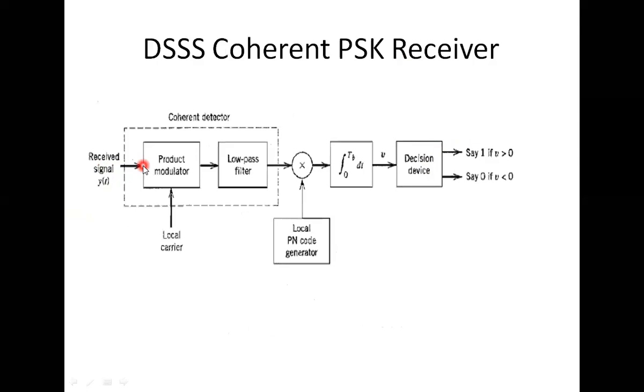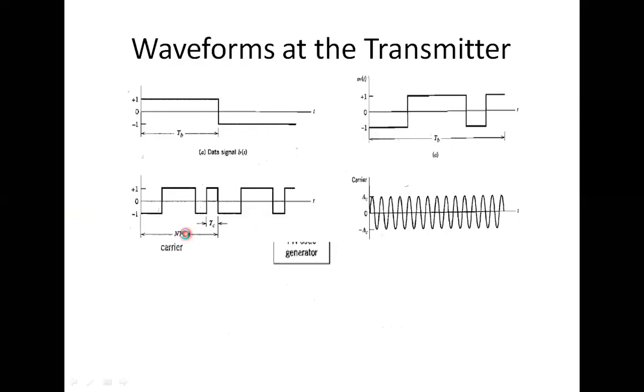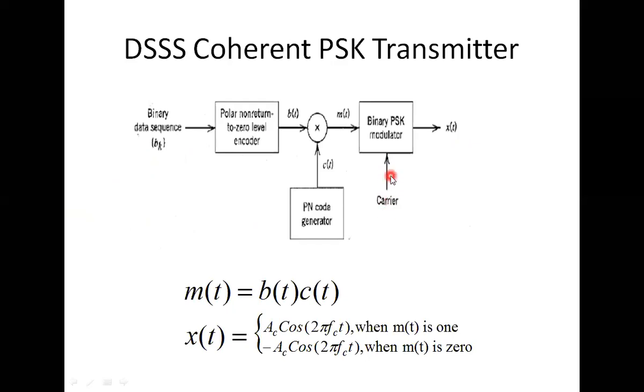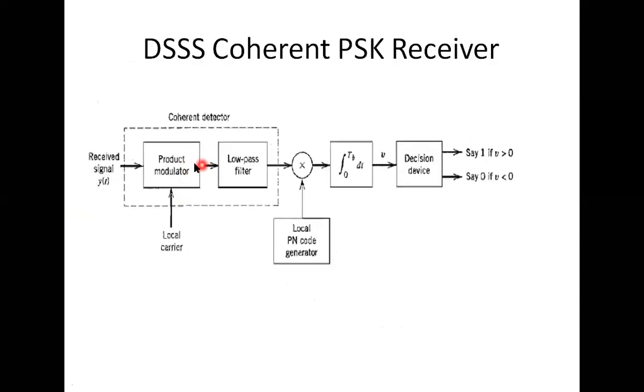Then this will be X of t. This is given to a coherent detector. So what should be the local carrier? The locally generated carrier should be exactly in synchronism, both frequency and phase synchronism, with the carrier used at the transmitter. And this is followed by a low pass filter. Finally, what is the signal at this point?